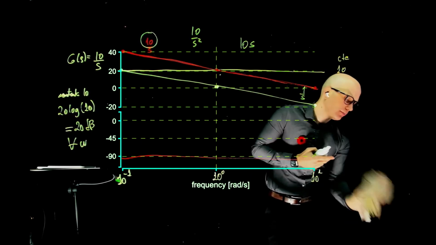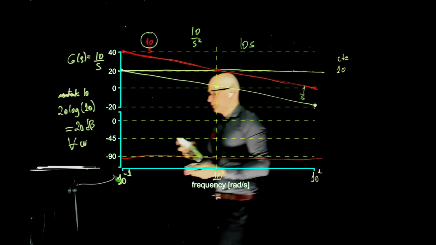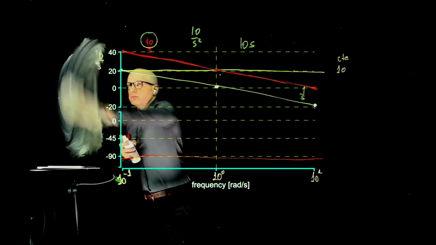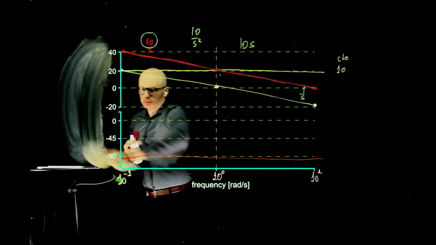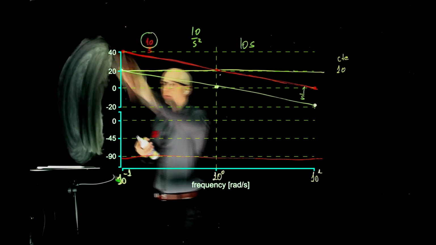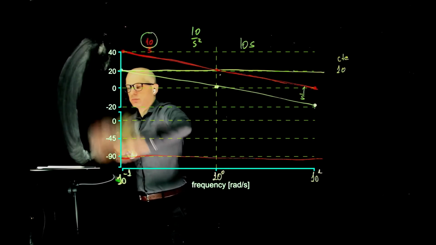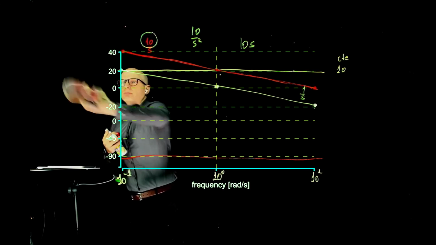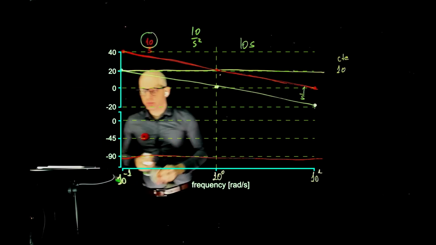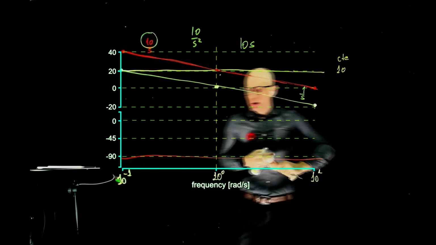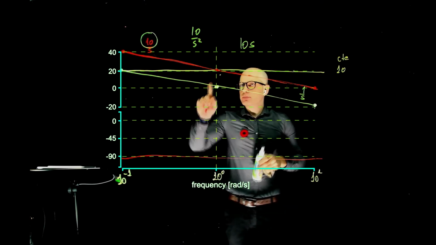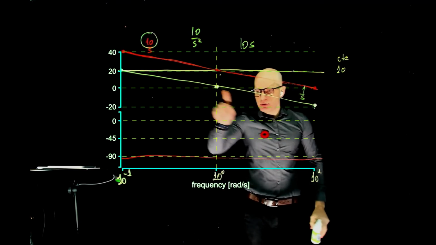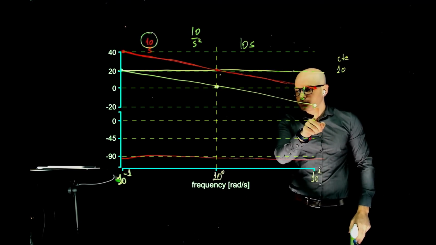All right. Sorry, just going back to what you said before about if we had an s squared term in the denominator, wouldn't it still start at 0, but just decay to negative 40 or negative 60, instead of starting at 40? If you only had 1 over s squared, here would be 0, and here would be negative 40.